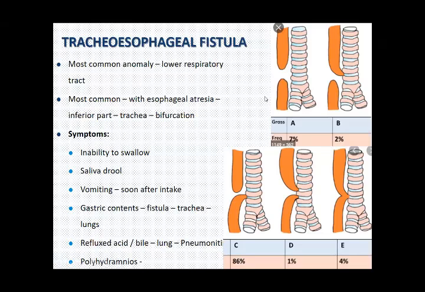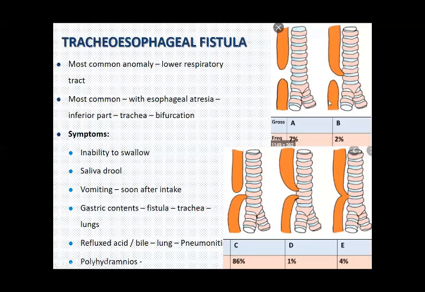So let's come to the different types. ये type हमने in detail discuss कर ली. ये हमने कहा कि the two ends of the esophagus ending blindly. So this is not a classical TE fistula. It is simply esophageal atresia. In this type, which is only 2%, frequency इसकी सिर्फ 2% है. इसमें the upper end of the esophagus communicates with the trachea.